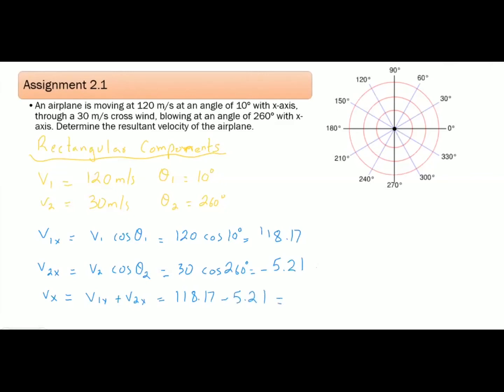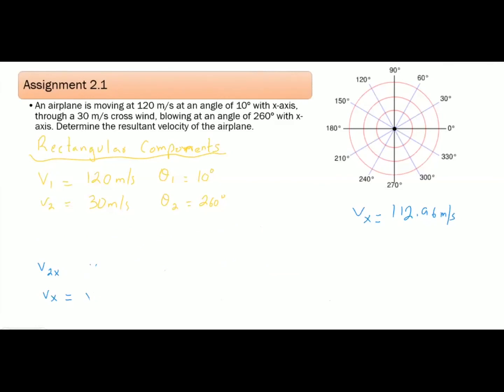So 118.17 minus 5.21 is equal to 112.96 meters per second. So the x component of the velocity comes out to be 112.96 meters per second.